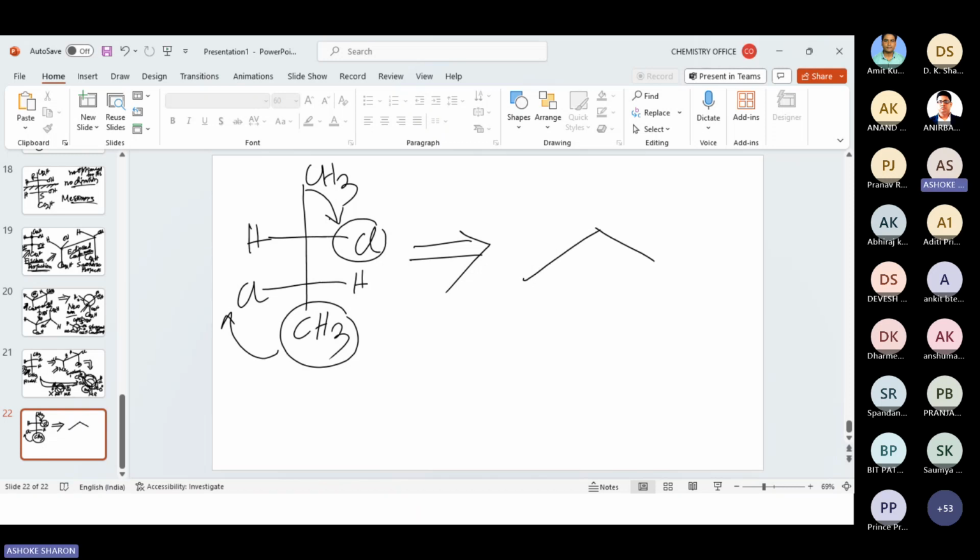I'm moving it this way. Which group am I moving? The methyl group. So in that case, I'm considering this carbon. Then chloride will be up. Up means you have to draw it this way. This is a wedge formula. Chloride will be up, and definitely hydrogen will be down. Here also chloride will be up.